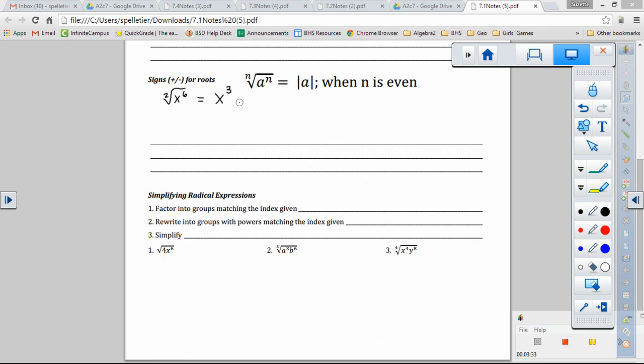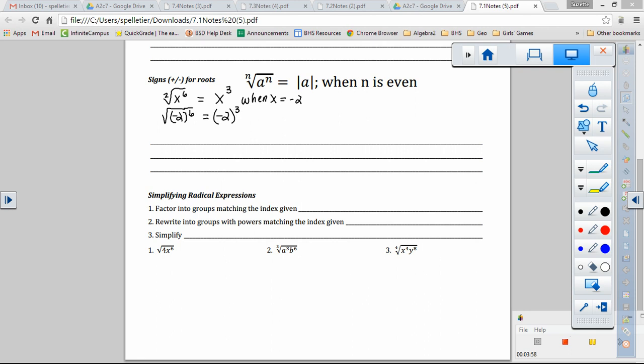I want you to evaluate this for when x is equal to -2. Okay? So let's evaluate it with x equals -2. So we're going to do the square root of -2 raised to the 6th. And then on this side of the equation, we're going to have -2 raised to the 3rd. Okay?